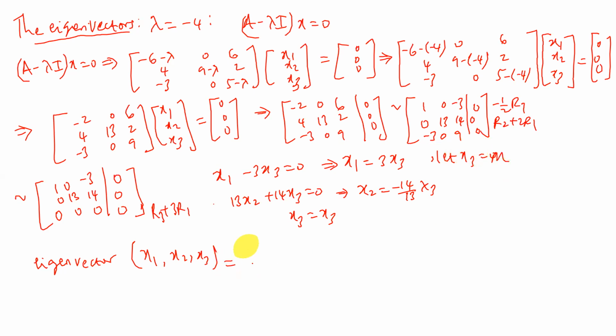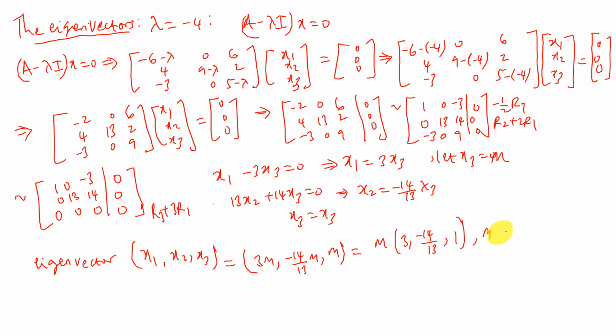If it is m, then x1 is going to be 3m, x2 is minus 14 over 13 m, x3 is m. So you get this one. Pull out the m. So this is exactly m times the vector 3, minus 14 over 13, 1.